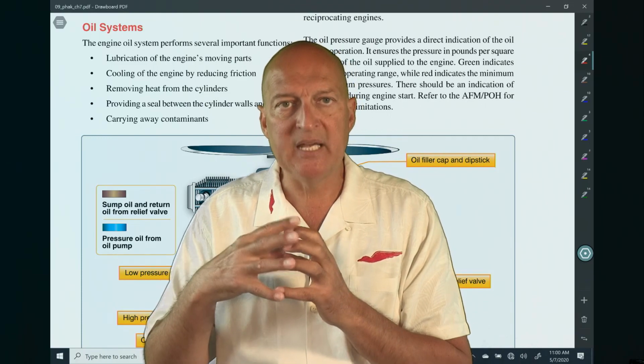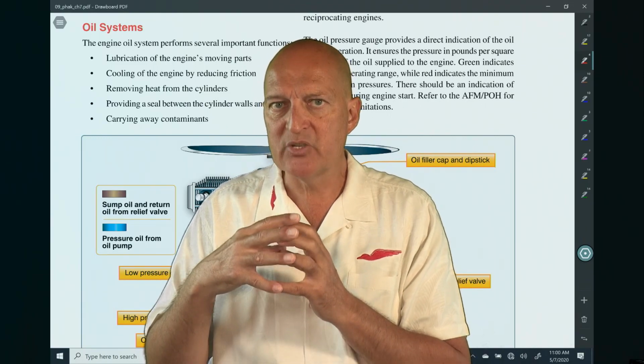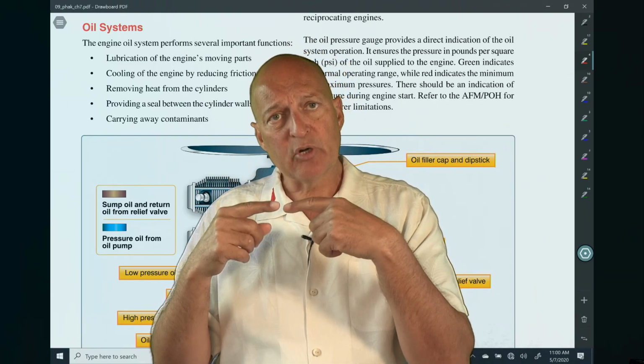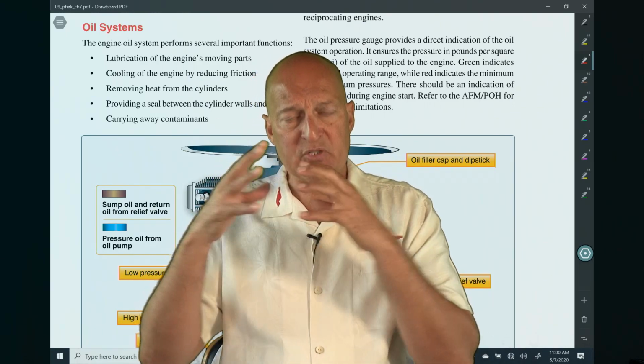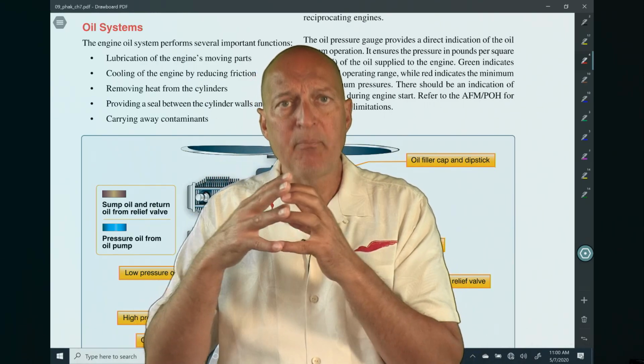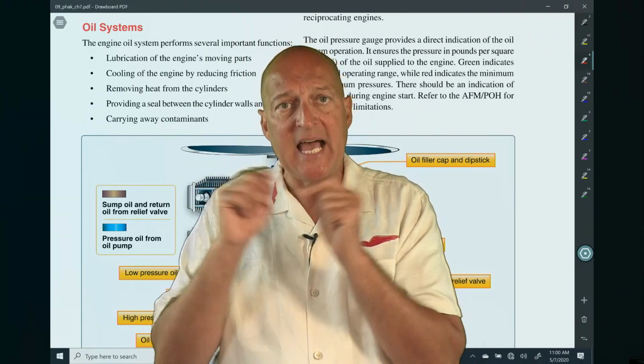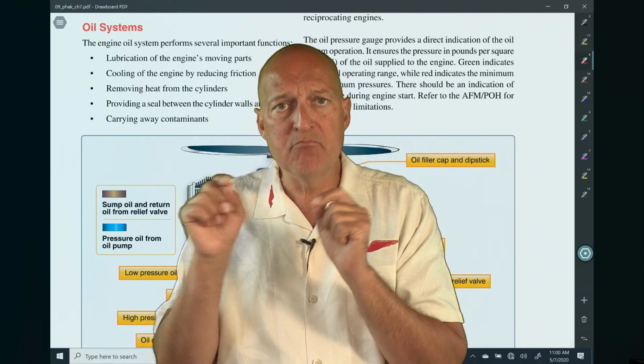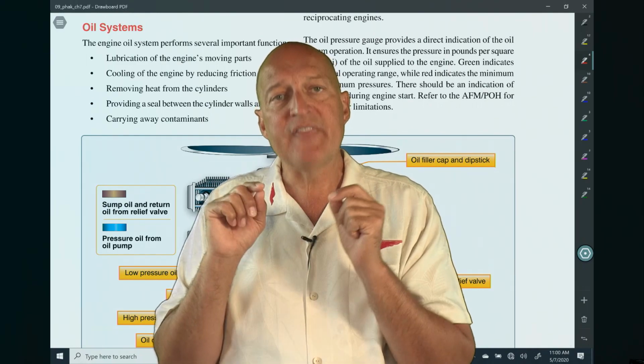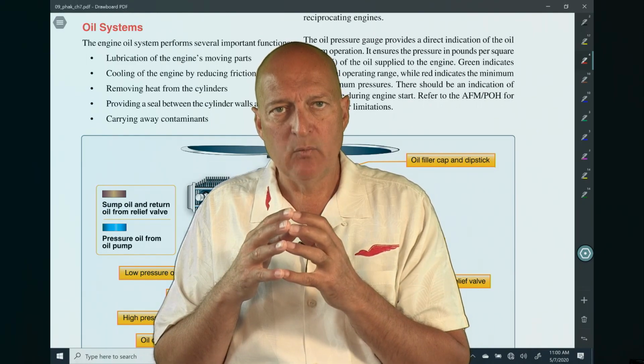Well, that scraping element, you want to minimize that as best you can. That oil lubricates those connections between all of the metal parts that are working inside that engine to keep them sliding together, to keep them moving easily without creating the grinding.